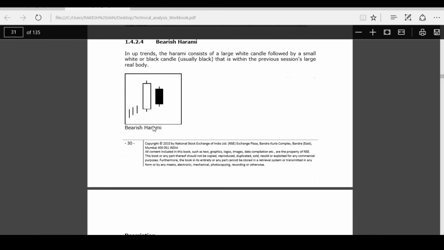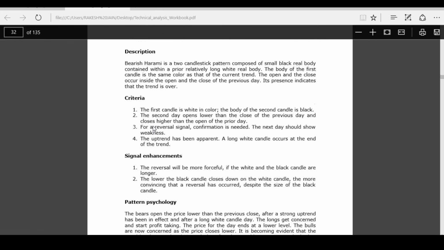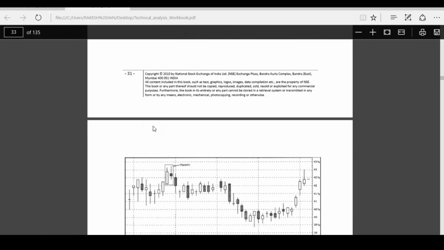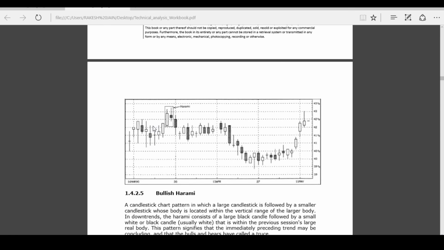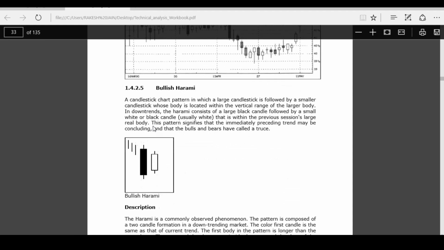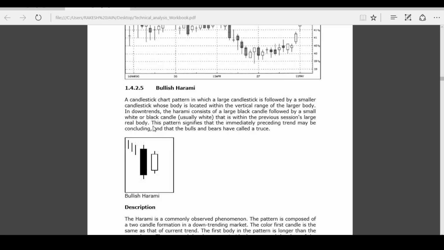If you are confident that, after a strong move at an important resistance level, say 9,000 in Nifty, you have found this pattern, you can short below the low of the second day, the black body, keeping the highest high of the 2 days as stop loss. If you want more confirmation, you wait for the low of these 2 days to be broken and keep the high as stop loss. It's up to you.